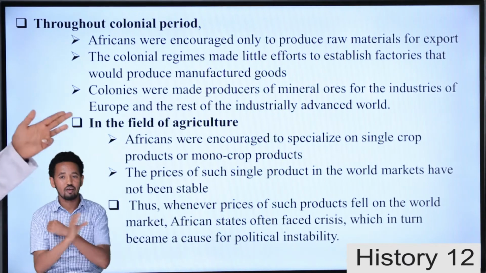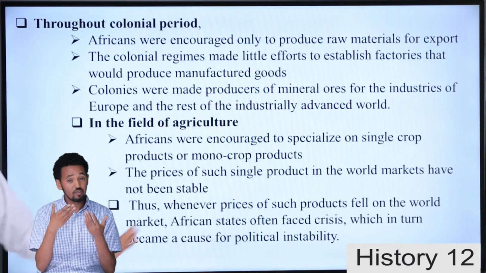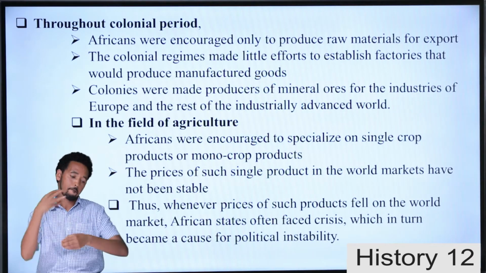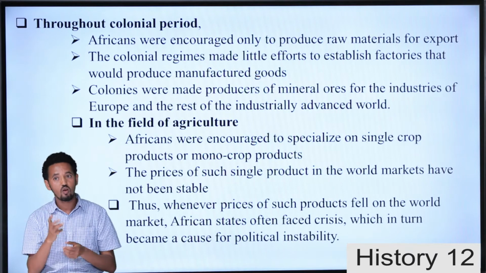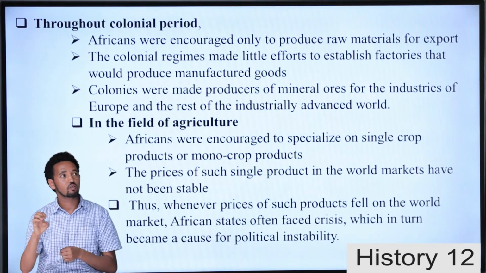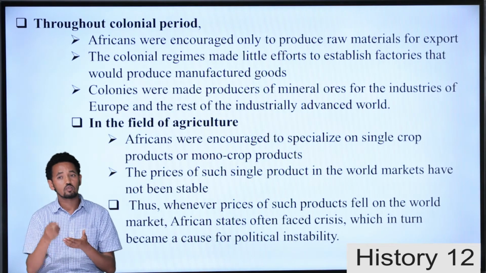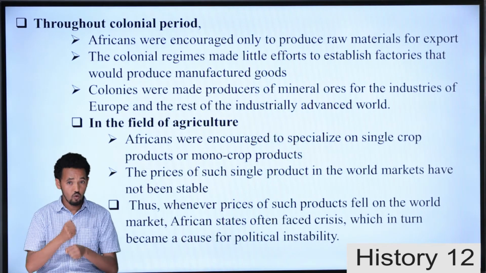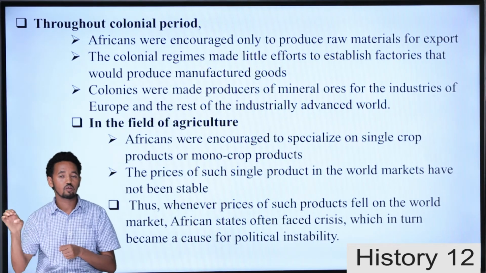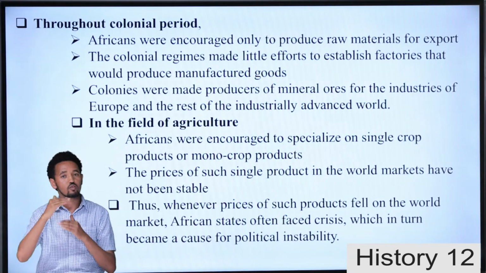The other one, the price of such a single product in the world market has been unstable. For example, coffee: the African coffee price is low, while Brazilian and Vietnamese coffee and so on sell at a high price. It was one of the legacies of colonialism among the African states.